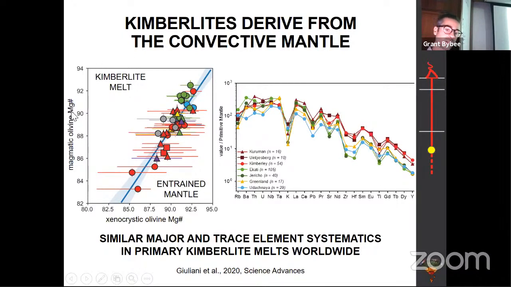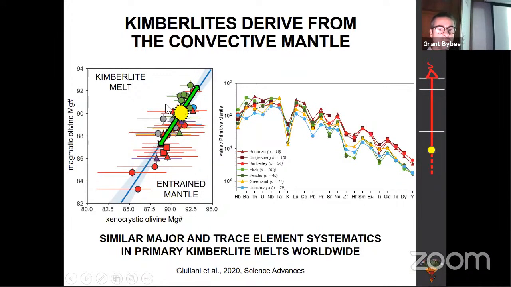On the left-hand side, there is something a little bit more tricky, perhaps, to understand. This is a plot of average magnesium number of olivine versus average magnesium number of xenocrystic olivine in kimberlites worldwide. As you can see, the two parameters are tightly correlated. And the only way to explain that is if the primary melt composition, and therefore the source of kimberlites globally, is broadly similar, and you assimilate either refractory and therefore magnesium-rich lithospheric material or more geochemically enriched and therefore lower magnesium number material.